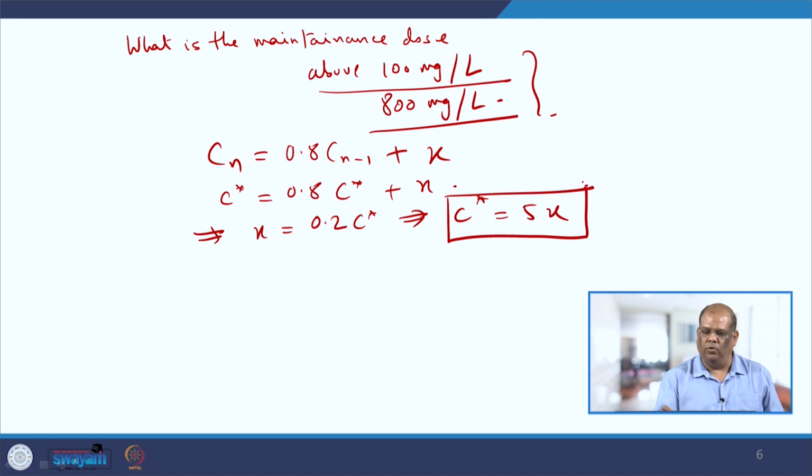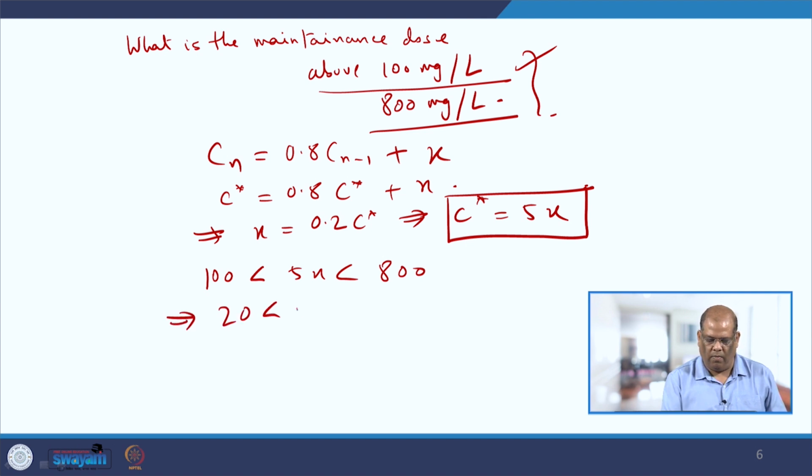Now, this value should lie between 100 and 800. So, you have 100 less than 5x less than 800. This implies that x must lie between 20 and 160.